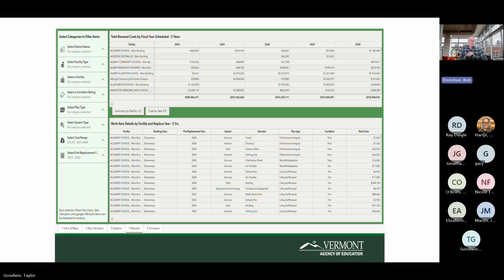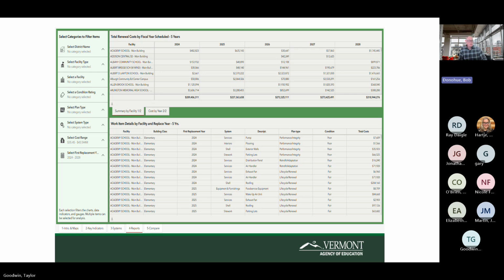The left is always the filtering section. And you can do the filtering by what we just talked about in terms of supervisory, district level, the type of facility, and then whether or not it's an individual building you want. And then all of the costing data associated with whatever your filtering selection is then shows up on this table.